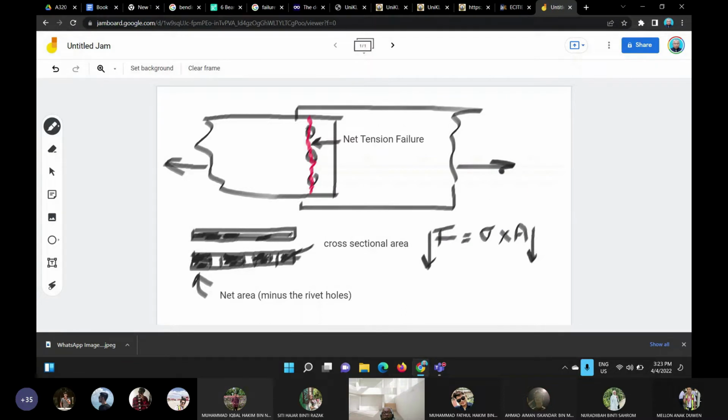The force here is the load capability. Okay, the capability to carry the load.